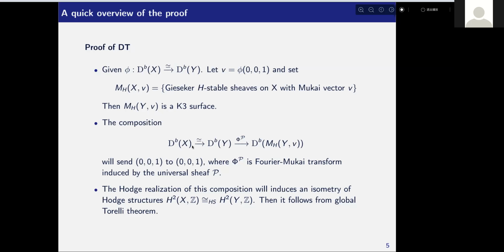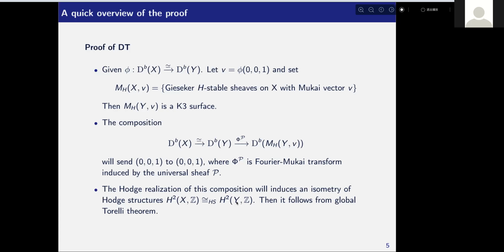Basically, because we have this Hodge isometry between the Mukai lattice of X and the moduli space of sheaves, and also it sends (0,0,1) to (0,1), a fundamental calculation just shows that this will force a Hodge isometry between the integral cohomology of X and the integral cohomology of, sorry, this is MHY, not Y, this is a typo.